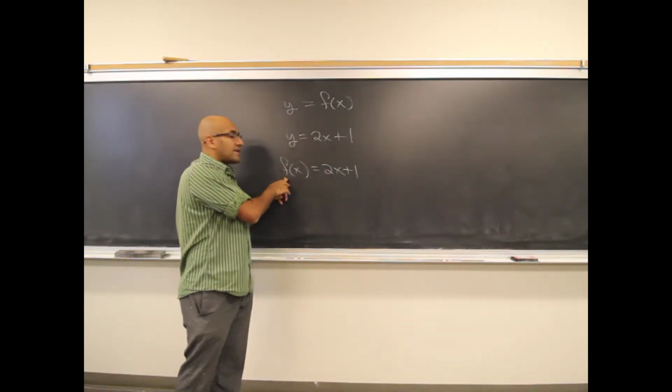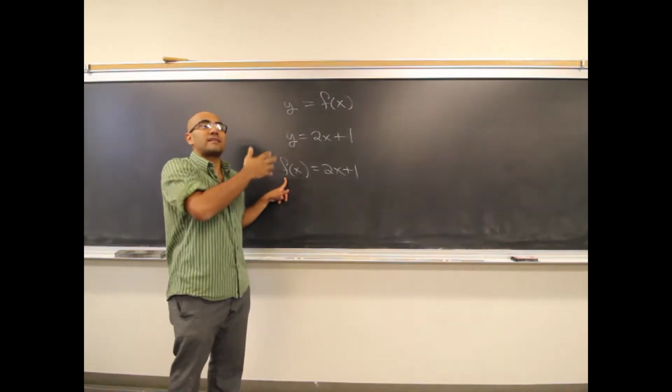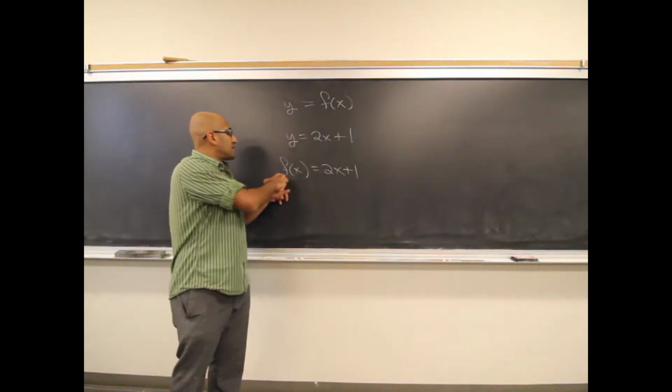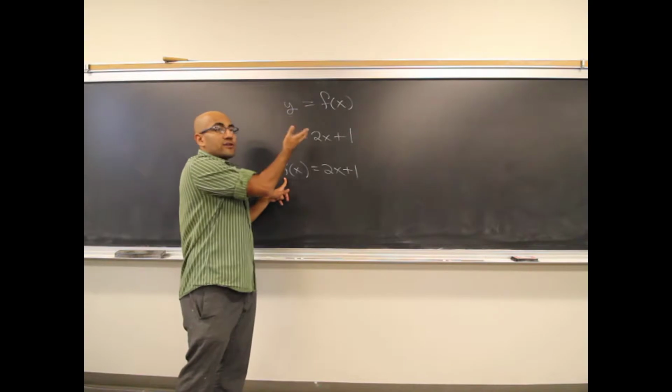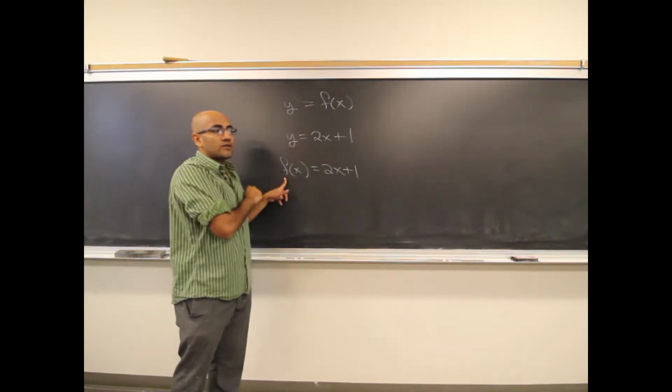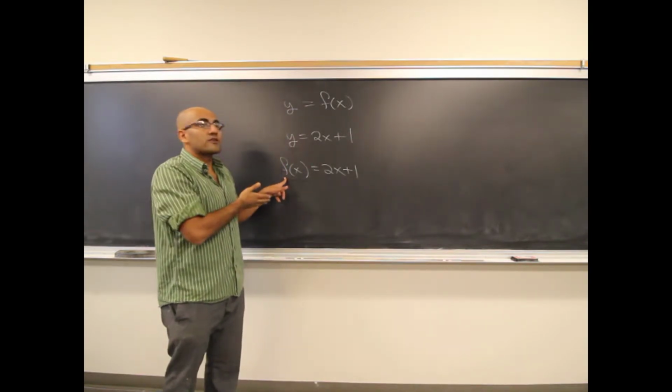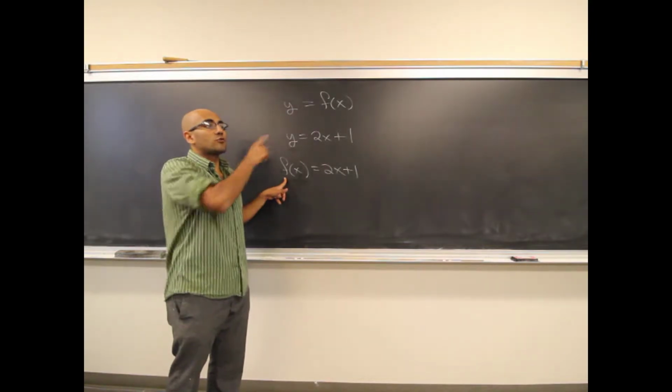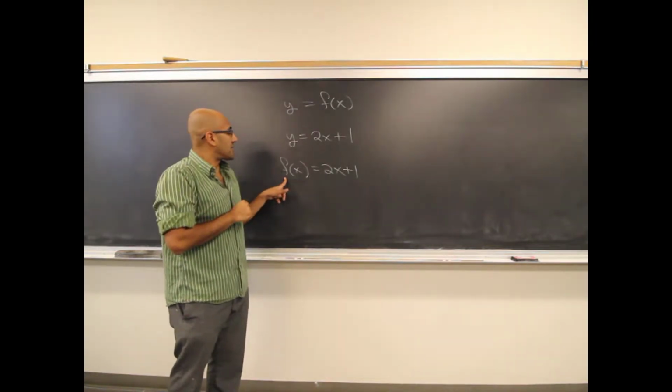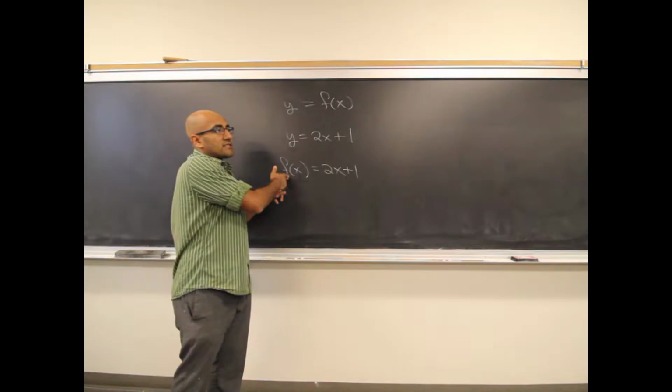In this case, the f is a letter representing an equation. It is the title of the equation, which is one of the benefits of function notation, because it allows us to refer to different equations, as we'll see in a second, based on the title, which is this name.